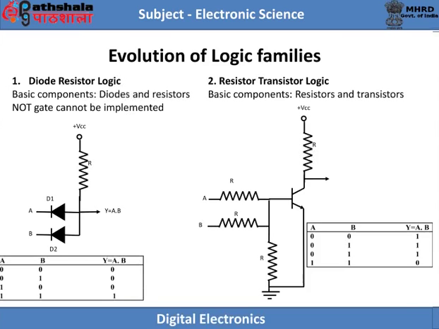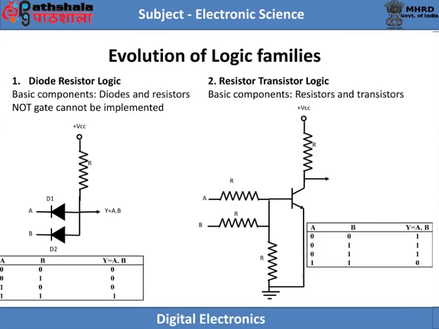When A is equal to 0 and B is equal to 1, or A equal to 1 and B equal to 0, then either D1 or D2 is forward biased, thus making the output Y equal to 0 volt, that is logic 0.